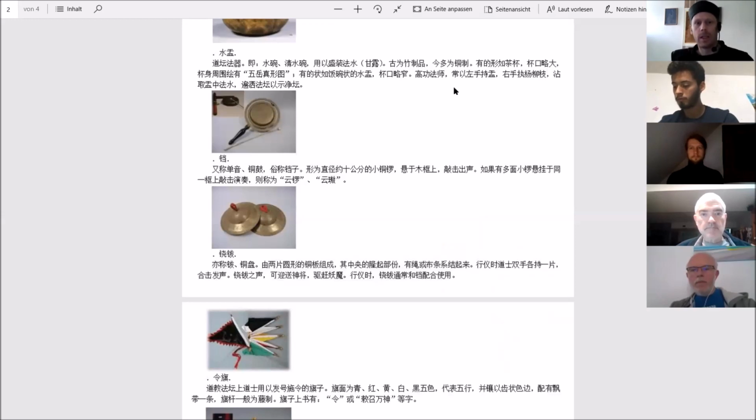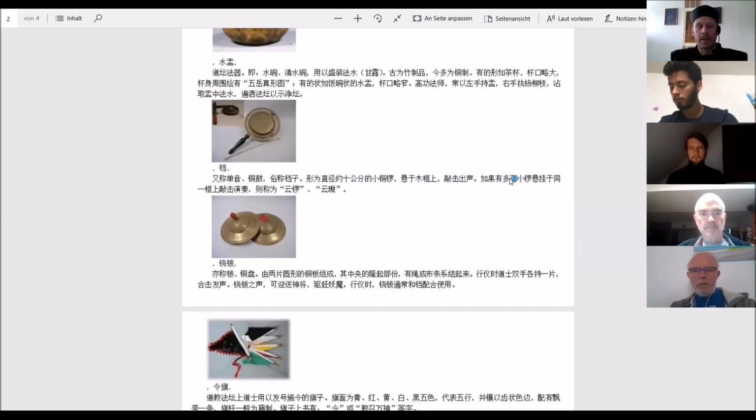There are of course many kinds of instruments, but these are the basic instruments for the altar. Today's class is not about the instruments for the Daoist band, which is called the Yudui, but the instruments for the altar, for the priest during the ceremony, the tools you use.